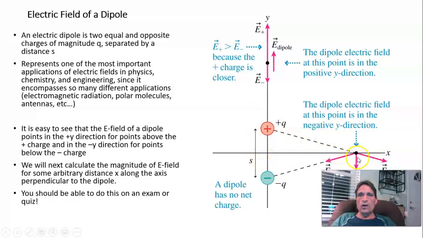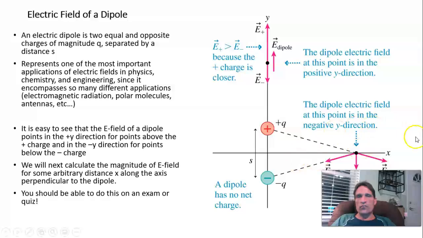Now what about over here? The next thing we want to do is calculate the electric field along an axis perpendicular to the dipole. So what we need to do first is draw the forces on this positive probe due to each of the charges. So we stick our probe charge here.